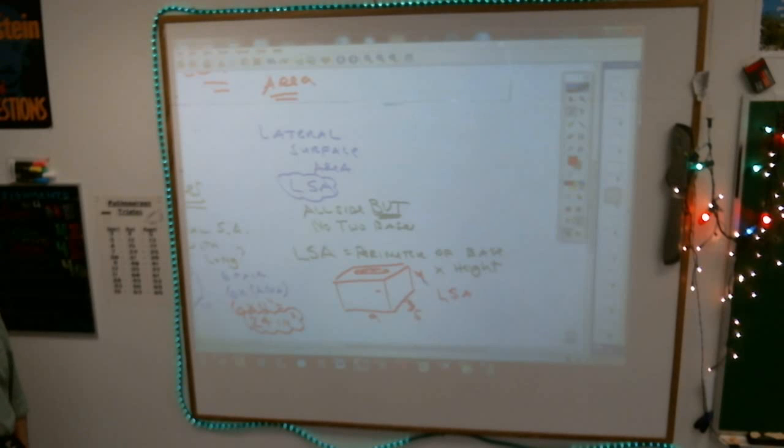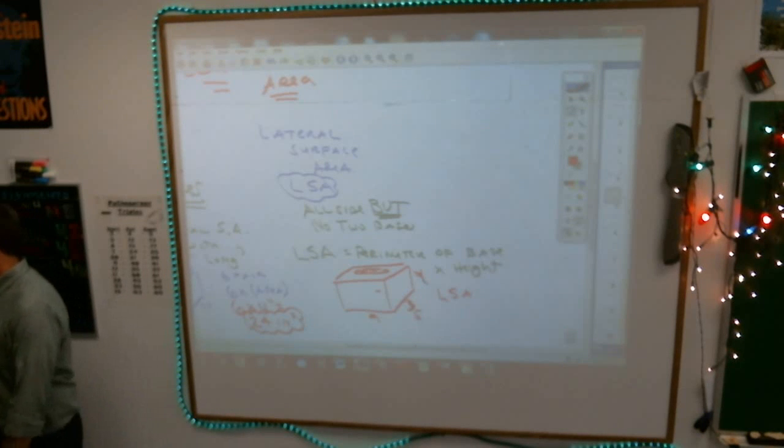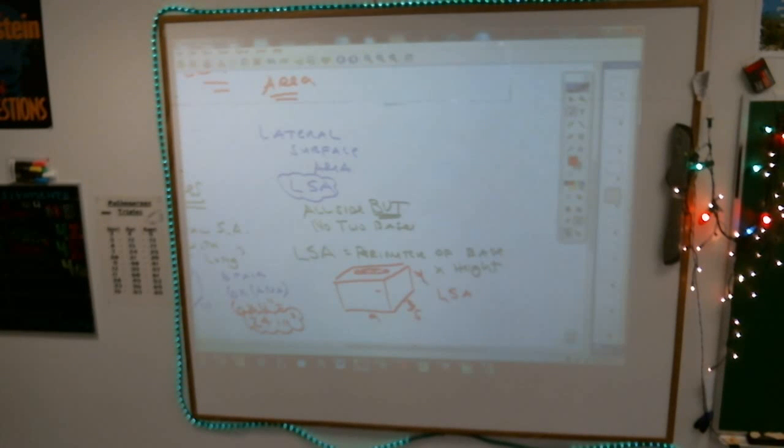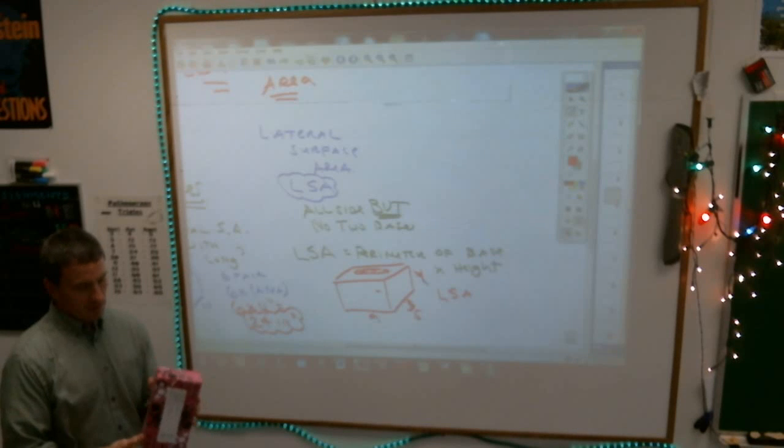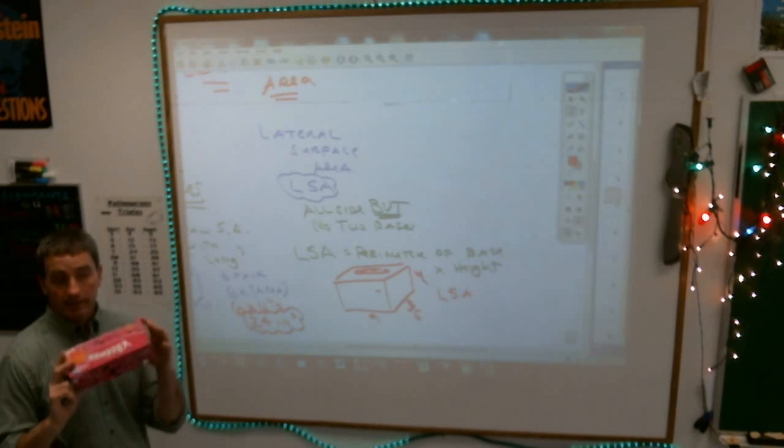What, again, is lateral surface area? It's everything except the area of the two bases. And in the tissue box, you have to assume they mean the base is the top, this part where the Kleenexes come out, and the bottom.